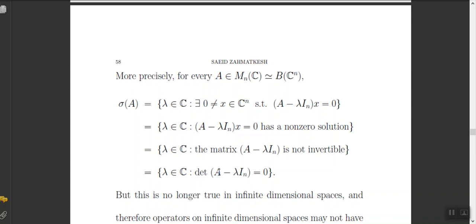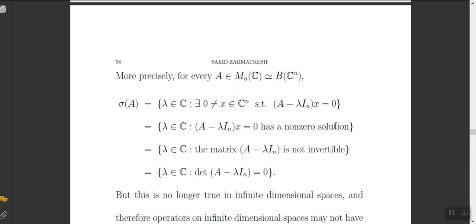Do you remember from linear algebra? This is the set of all eigenvalues of the matrix A. And this determinant of A minus lambda I_n equals 0 is called the characteristic equation.